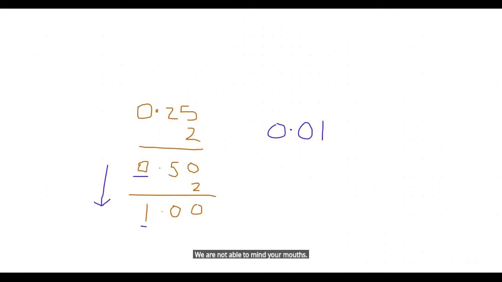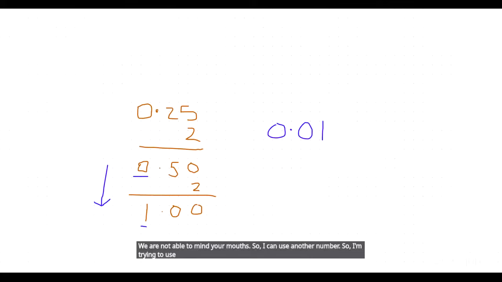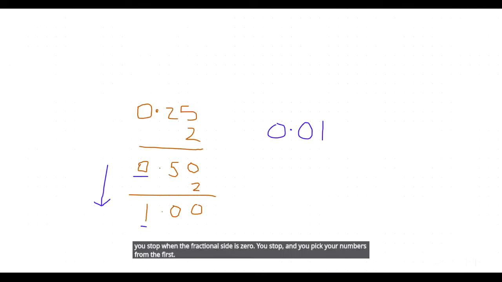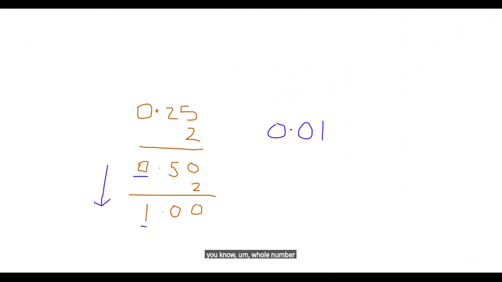So I can use another number. I'm trying to use a number that will make me finish the multiplication quickly. You stop when the fractional side is 0, and you pick your numbers from the first whole number, here could be 1. This is where I started picking X, not where Y is.